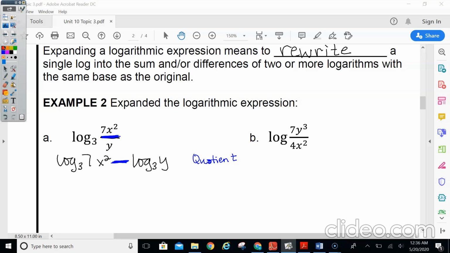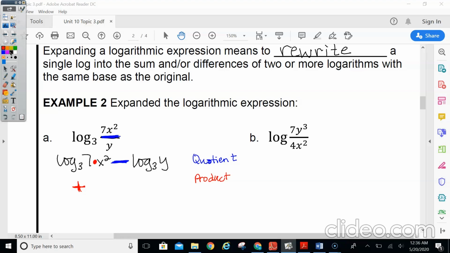Okay, the next step would be to split any things that are multiplied together. So we're going to use the product property. What's being multiplied? Well, remember, the coefficient 7 is not attached to the squared. So these are being multiplied together, which means I can split these up by adding their individual logs.